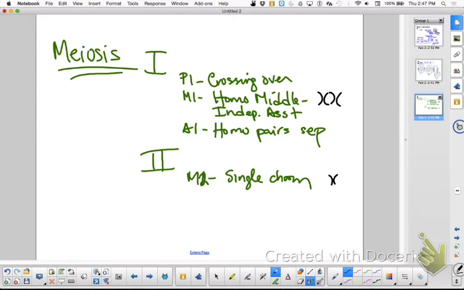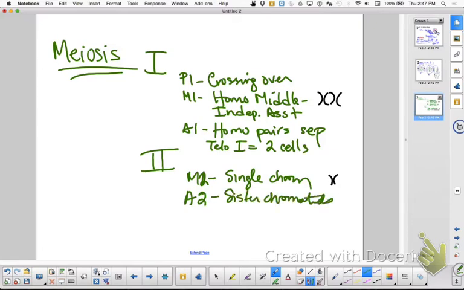Okay, what happens in anaphase 2? The sister chromatids separate too. Good. What happens in telophase 2?